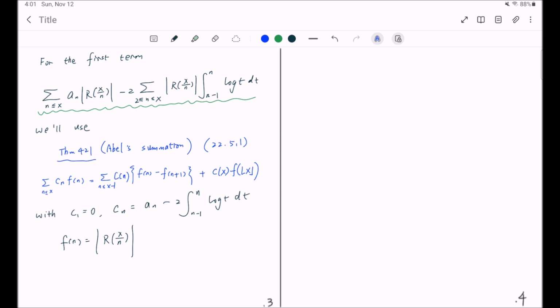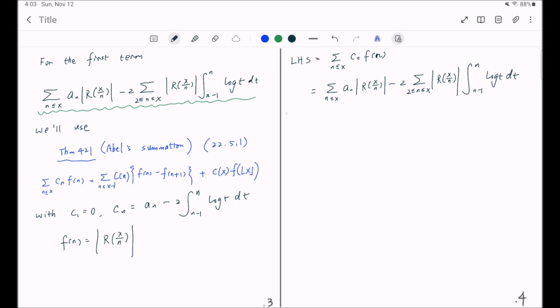And now let's look at left-hand side and right-hand side of this formula, 22.5.1. The left-hand side will become simply by plugging in the definition for c sub i's and f of n's into this sum.